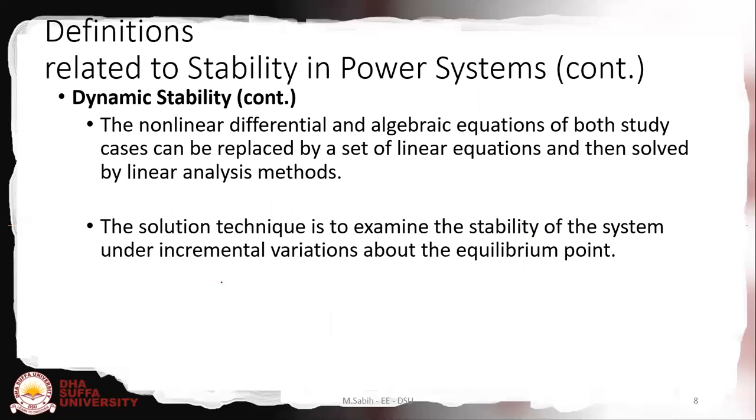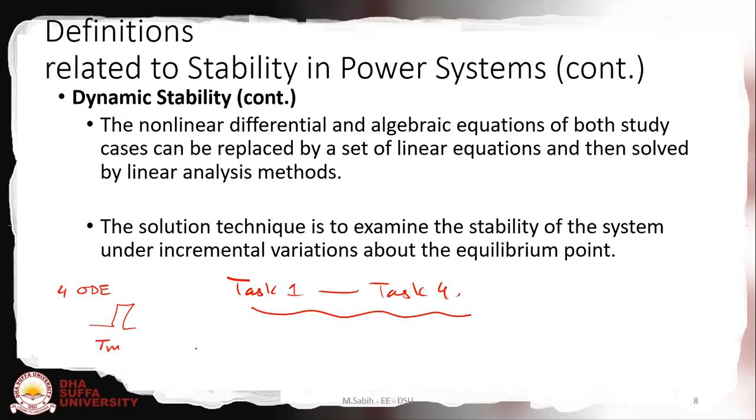This is what we did in task number 1 to task number 4 here. It is concerned with this type of stability, when we took a 4 ODE model and applied a disturbance in the mechanical torque, and then we tried to observe the variation in delta and 1 or 2 parameters.